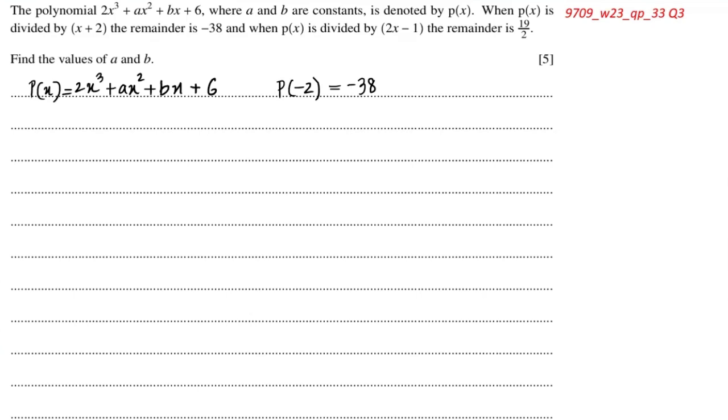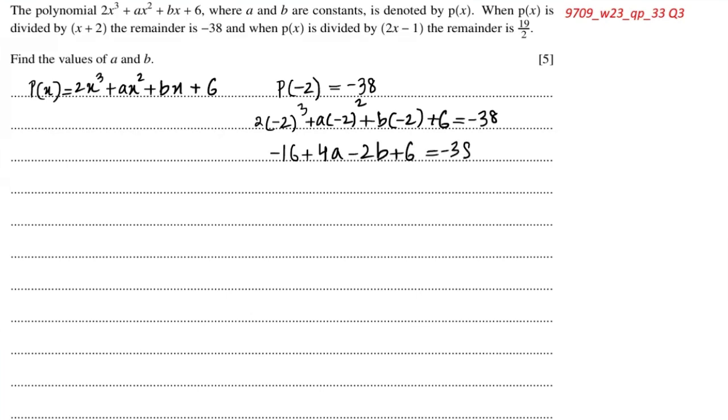So let's get this first and then I'll get into the second condition. So this will be 2 times minus 2 cubed plus a times the negative 2 squared plus b times the negative 2 and plus 6 equals minus 38. This becomes negative 8, negative 16 plus 4a minus 2b plus 6 equals minus 38.